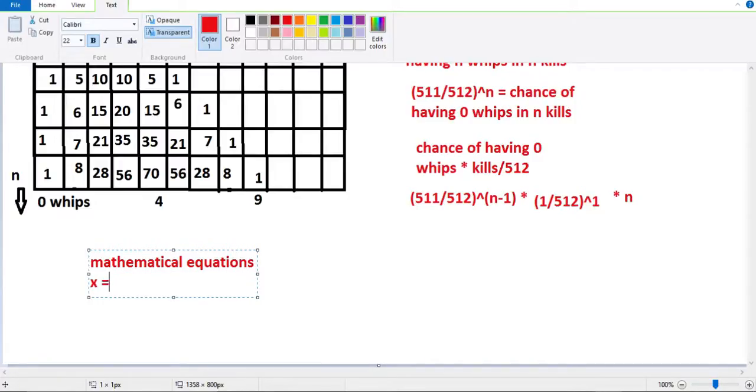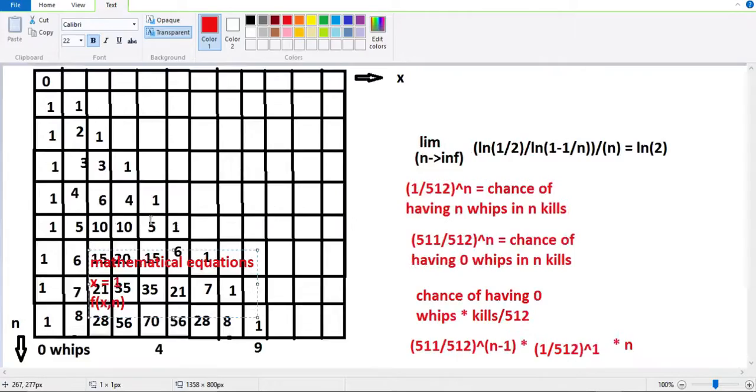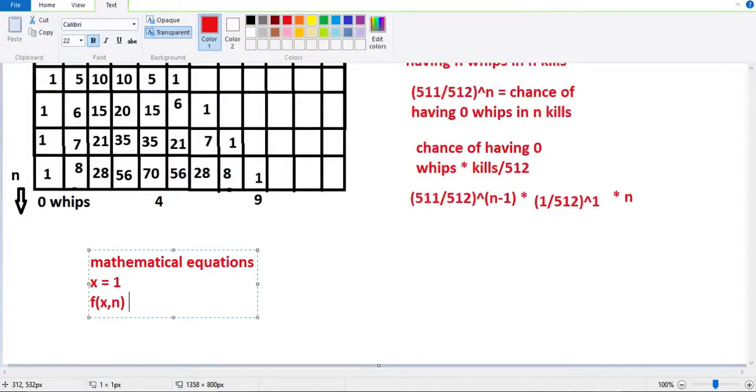X equals 1. Let's say f of x equals, well, this would be like f of x and n. I don't know how to write this. Let's just write that. I've never written anything like this. Equals, well, it's actually only f of n. What am I doing? It's f of n.